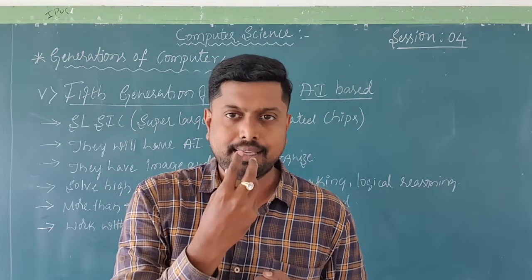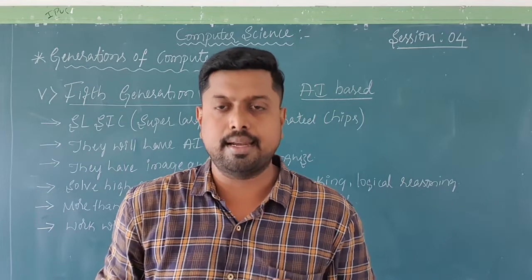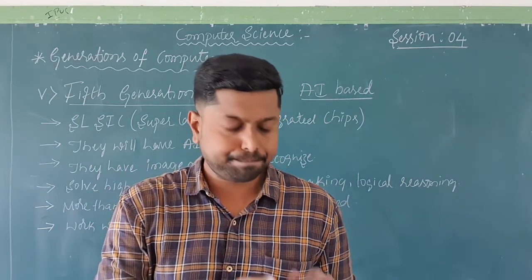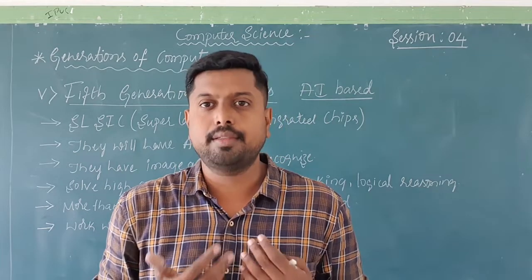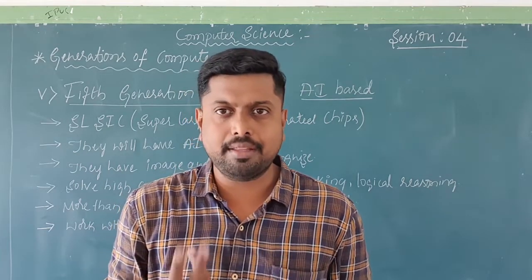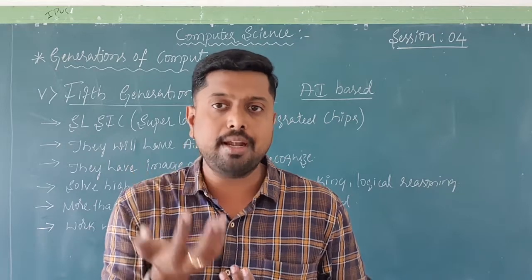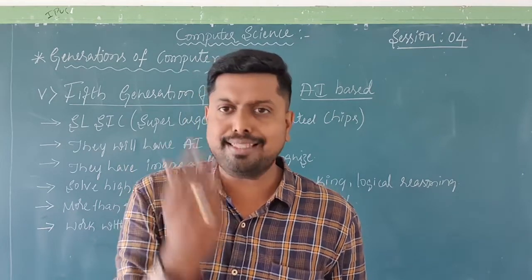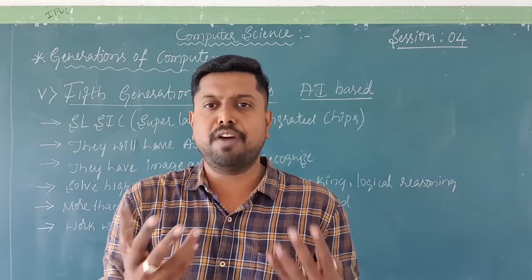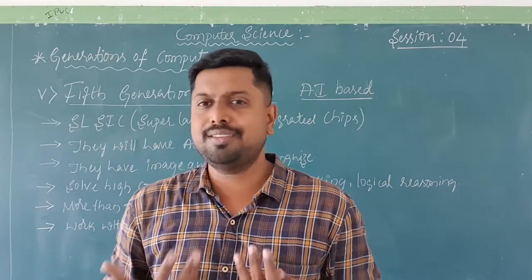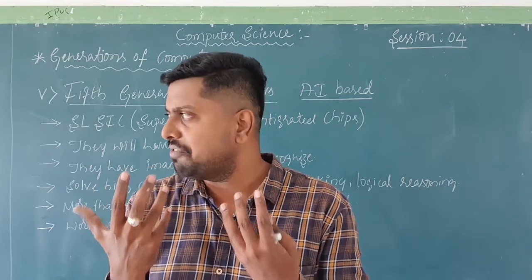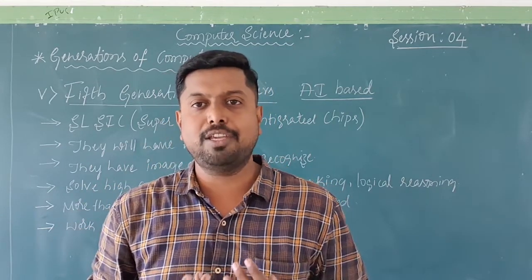When you ask a question to something like Google Assistant, Bixby or Amazon Alexa, some features, some applications are there. You have a chance to interact with that particular electronic device. If you ask a question, automatically the device will respond to you. So this is the property of fifth generation devices, which interact with the human being.